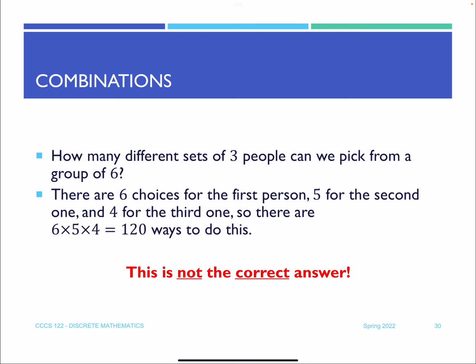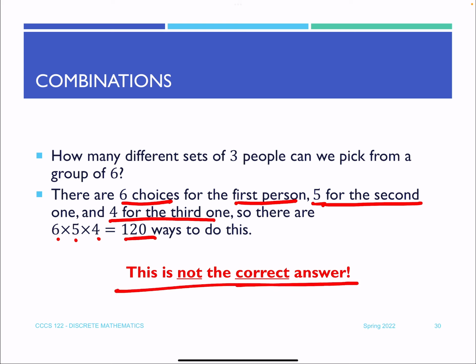Let's see. So there are 6 choices for the first person, 5 for the second one, 4 for the third one. So that would mean 6 times 5 times 4, 120 ways. Is this correct? And this is, of course, not correct.